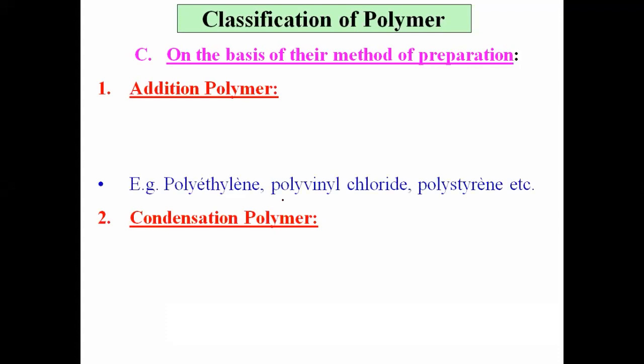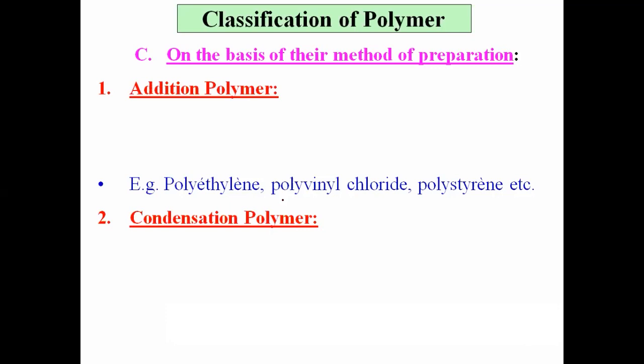Polythene, polyvinyl chloride and polystyrene are examples of addition polymers. What happens during the method of preparation? Addition polymers are prepared by using an addition reaction. What is the addition reaction?